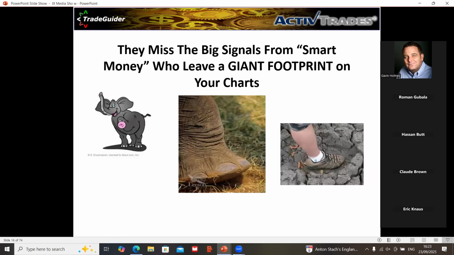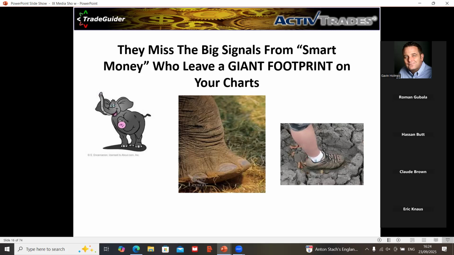If an elephant walked across your grass, now I'm making an assumption here, you might all have a garden. Some of you won't. You might be living in an apartment block. But if you did have a garden and an elephant walked across it, it would leave a footprint. There's no two ways about it.